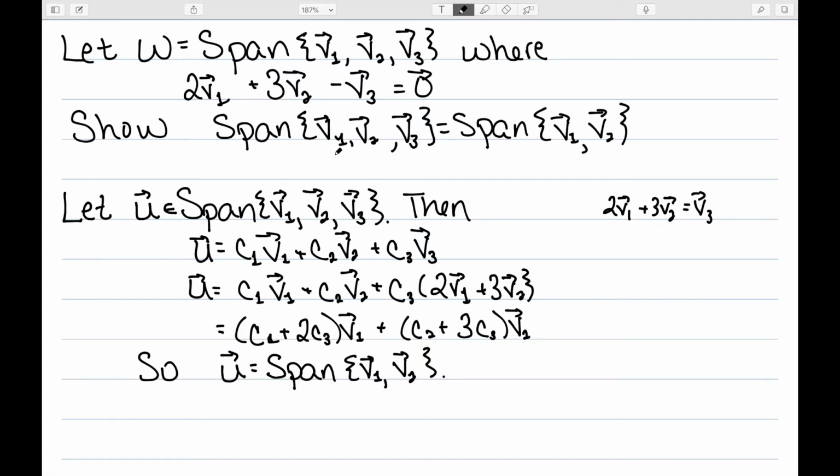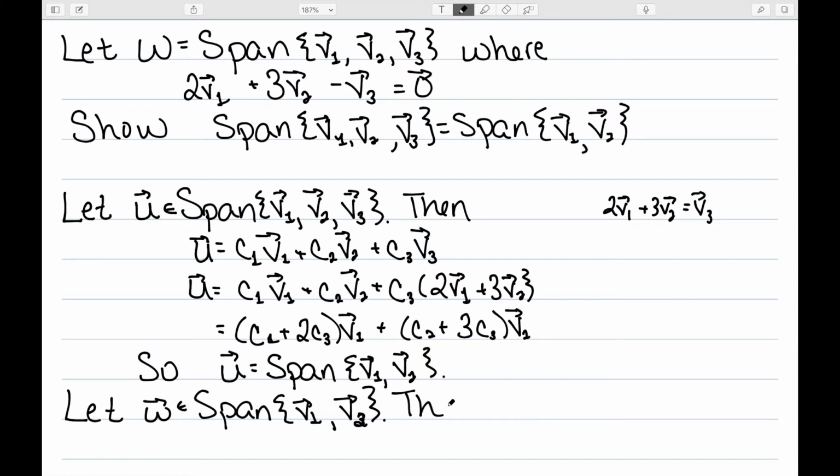So that shows me that everything inside the first span is in the second, but I need to make sure the second doesn't have extra stuff. So I'm going to let w belong to the span of V1 and V2, and I need to show that it's also in the span of V1, V2, V3. So we know w is equal to A1V1 plus A2V2.